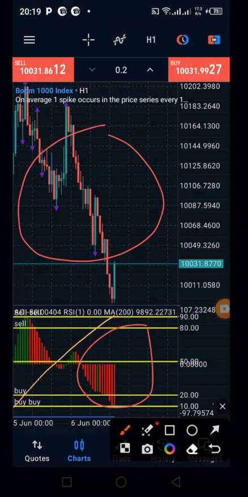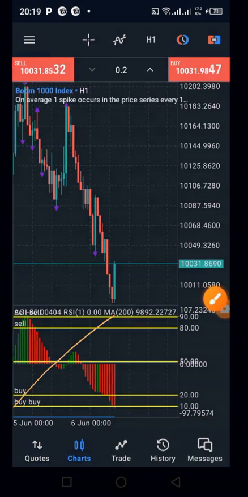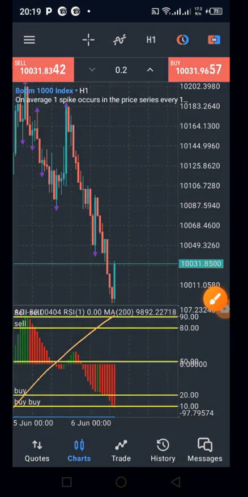Indicators can help you as a trader to analyze, because they gather some backups. They also give you signals or information that you can rely on. But for you to use indicators, you must have knowledge of price action.